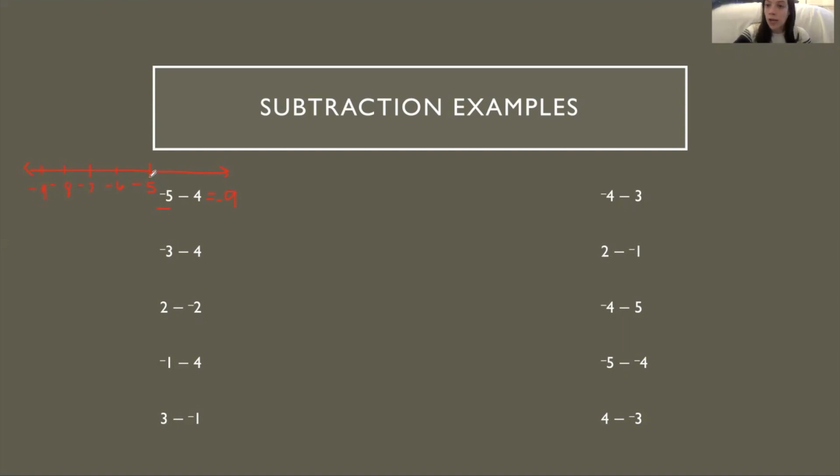When you're subtracting 4, you're going this way. Subtraction goes that way every time. So minus 1, minus 2, minus 3, minus 4 gives us negative 9. Instead of looking at the number line, it's just a little bit of an easier trick to just do 5 plus 4, 9, add the negative because you're starting with the negative, negative 9.